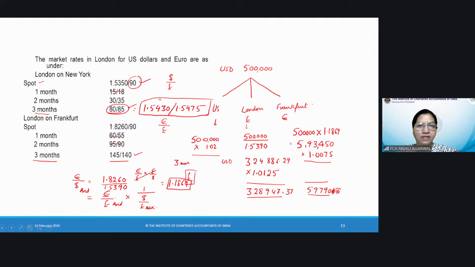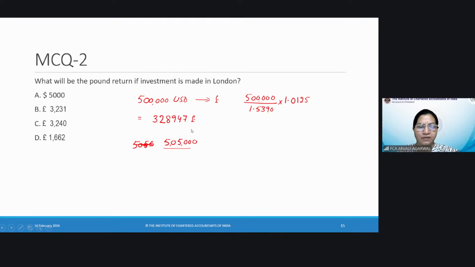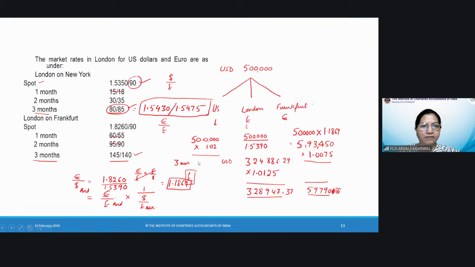So when you want to sell the pounds, the applicable rate would be bid, which means 1 upon this rate would be applicable. So you can convert it into pounds. But this is done after 3 months. So the rates are 1.5430 and 1.5475.